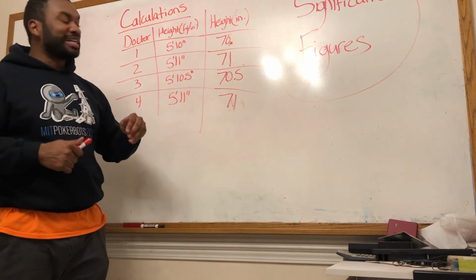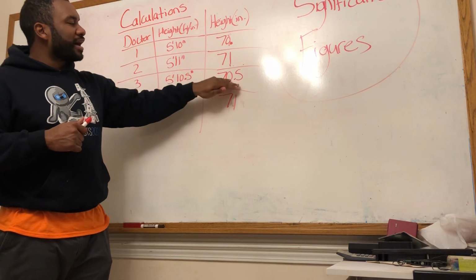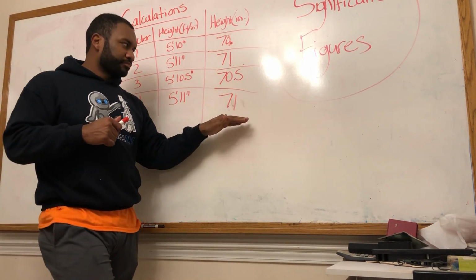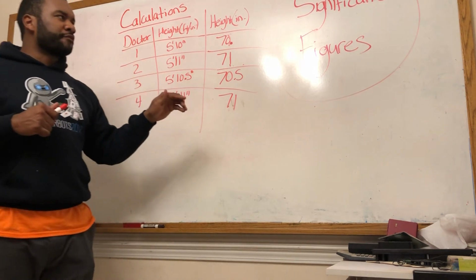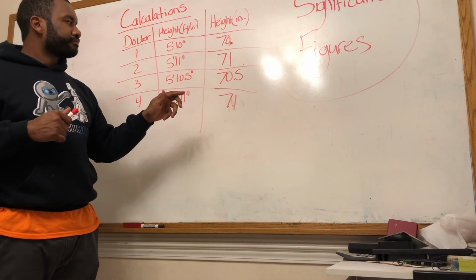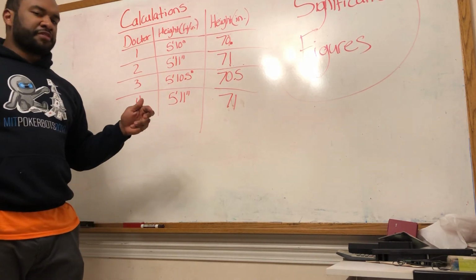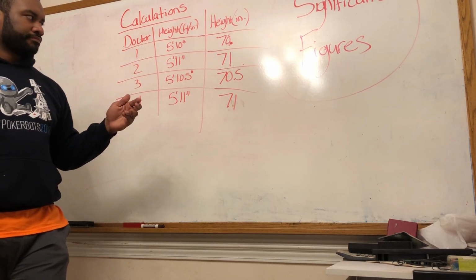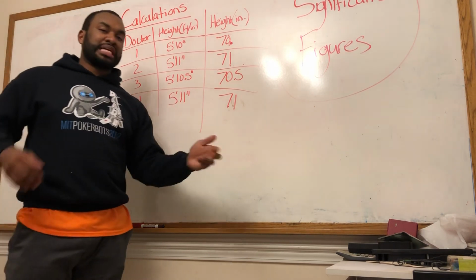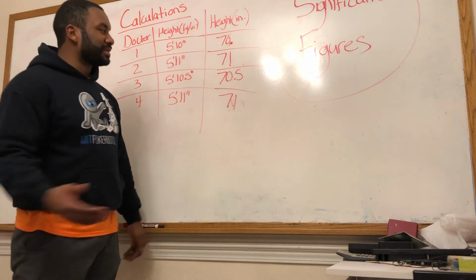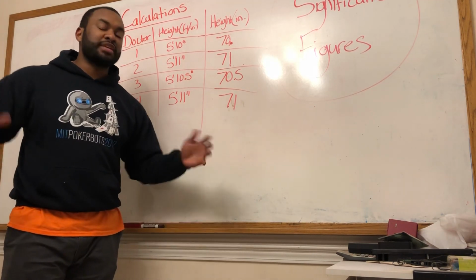And so in relation to that, you see 70.5. It's not 70.50. And so if the measurement was 70.46, he could have very well just rounded up to 70.5 for convention or convenience's sake.